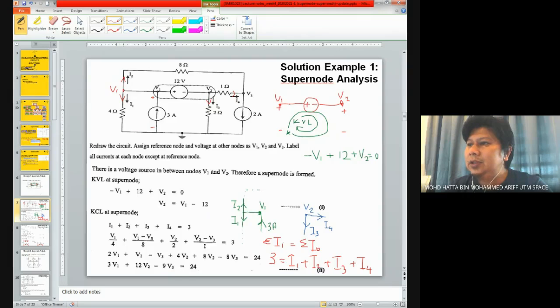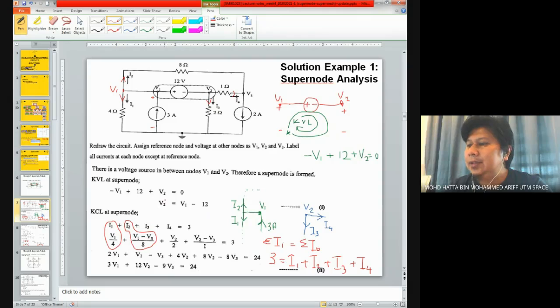For I2 is V1 minus V3. Okay, V1 minus V3, this is the voltage difference at the 8 ohm resistor, so divided by 8. So this is our I2. And earlier we have I1 over here.